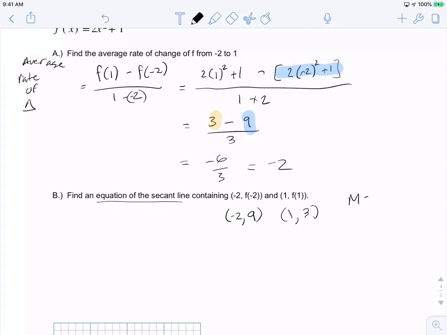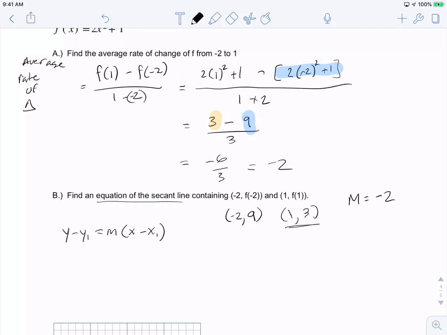And to save us some time, because we found the average rate of change, we know that the slope is negative 2. Now, the process that I would use for this is the point slope form. Some people like to use the slope intercept form and then solve for b. That's fine if that's what you feel comfortable with. But we're given a point and a slope, so I might as well use the point slope.